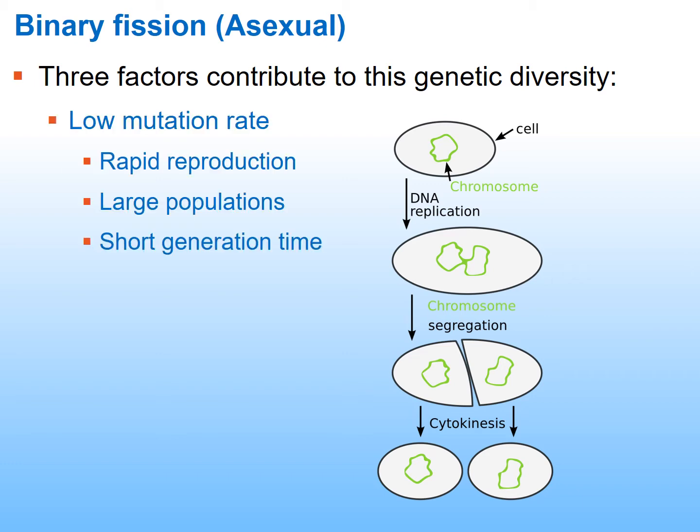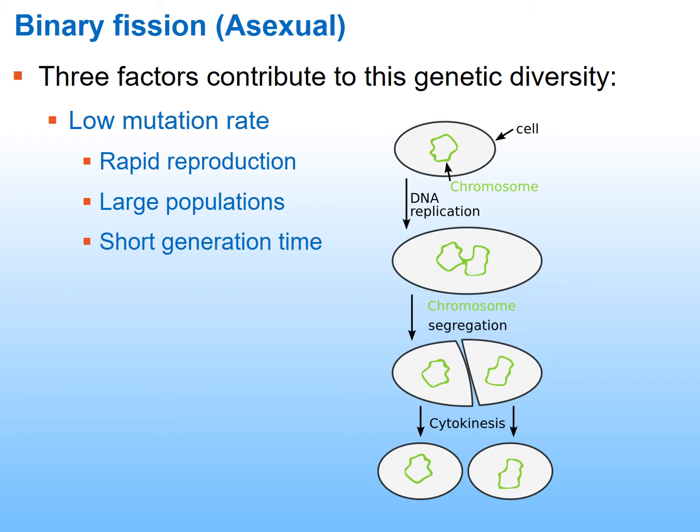at least in prokaryotes. In general, most organisms have a low mutation rate. However, in prokaryotes, because of their rapid reproduction, it only takes some prokaryotes as little as 20 minutes to double. This results in very large populations, and of course the generation time is short, as little as 20 minutes.